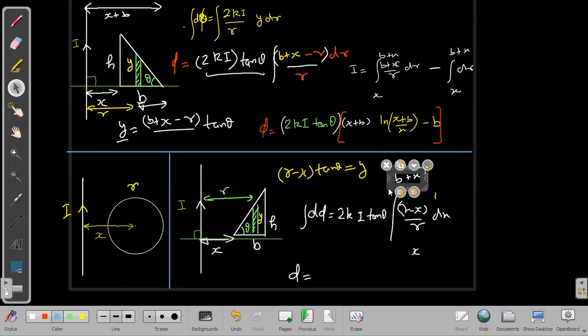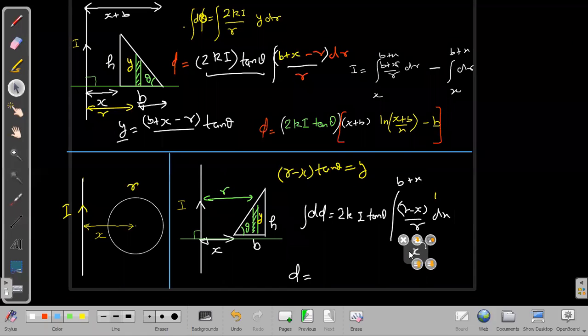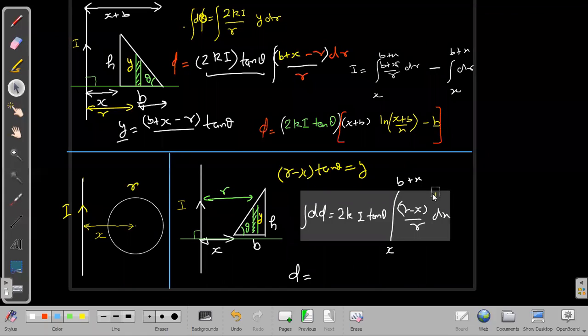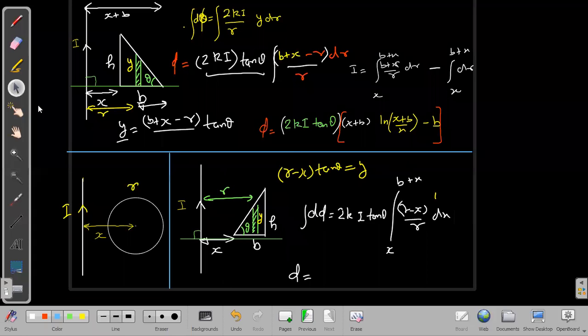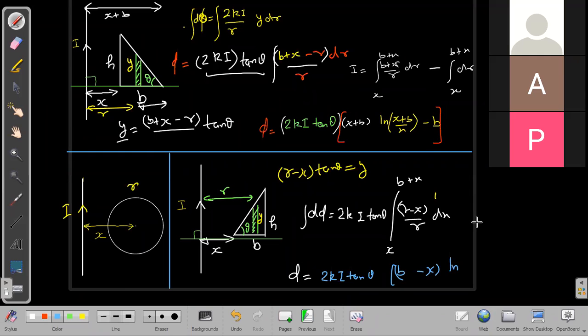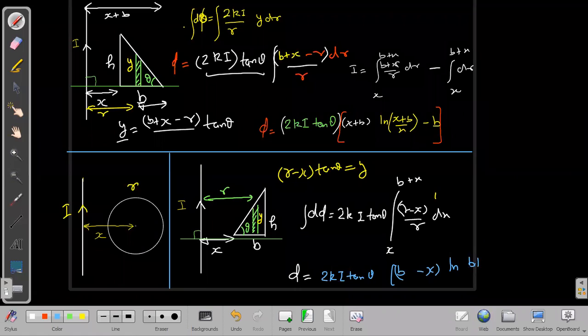Somebody verify. Yes, sir. Right on. So we got the result finally. Everybody can write it down. 2k into I tan theta into (b minus x) into log of (b plus x) by x. The ln is only for x, sir.